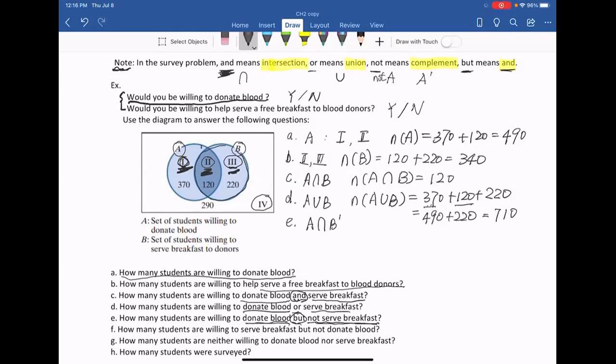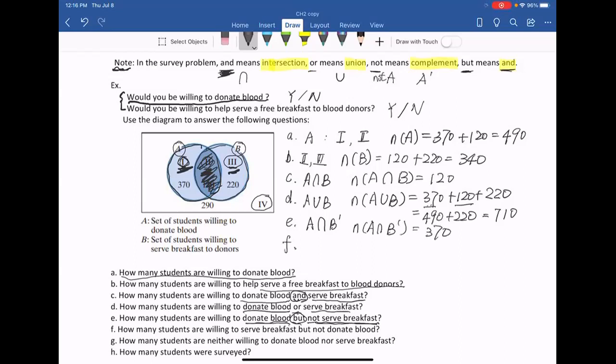For the region A, subtract this part, because this part is the people who serve the breakfast. So we only have region 1 left. The number of A intersect complement of B equals 370.